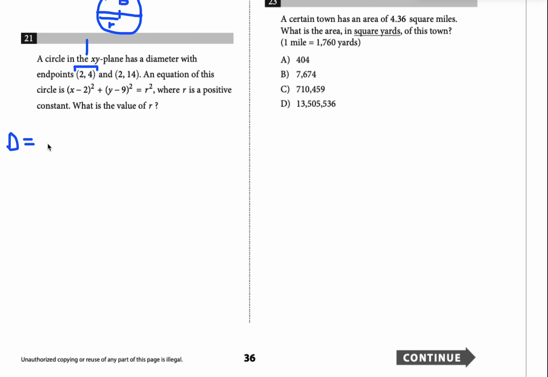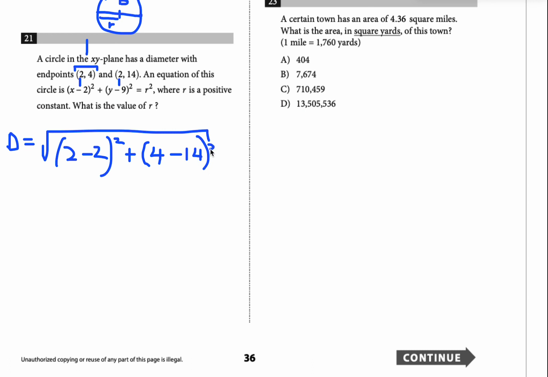It'll be the square root of the x components, 2 minus 2, which is 0 again, squared, plus the y components, 4 minus 14, squared, and all this is still under the square root.